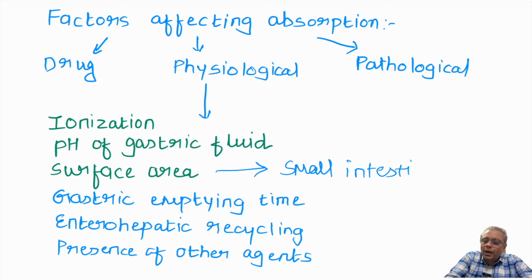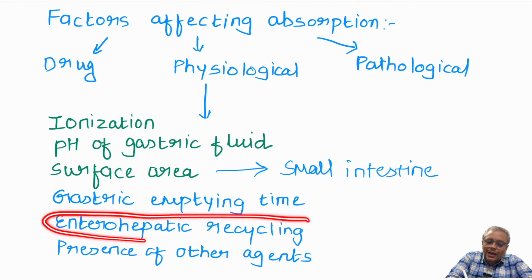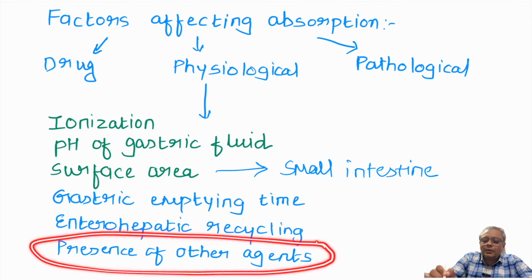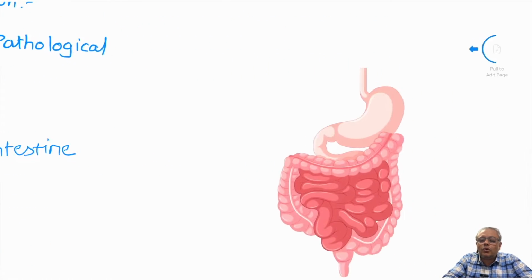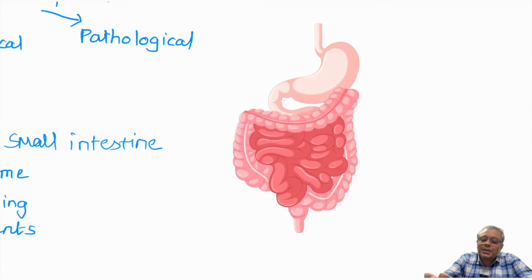Okay, now today we are going to discuss first the gastric emptying time, then enterohepatic recycling, and the presence of other agents in the stomach. Okay, first the gastric emptying time. As we have discussed, the major amount of the drug is absorbed from the small intestine.